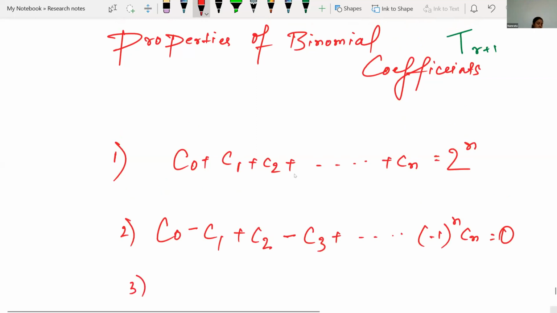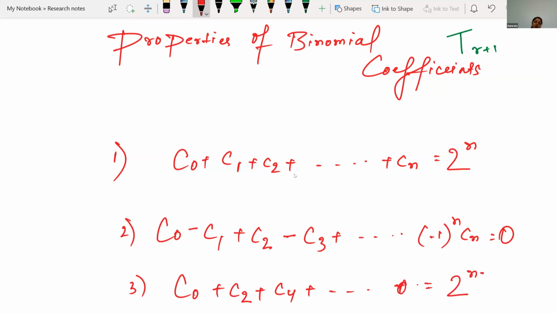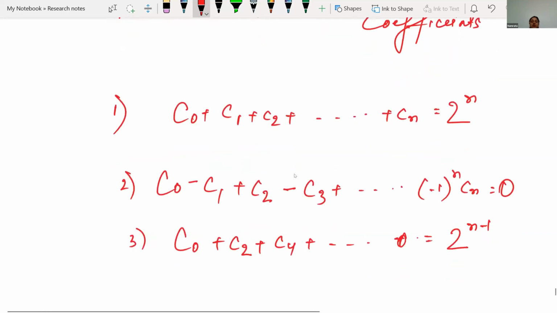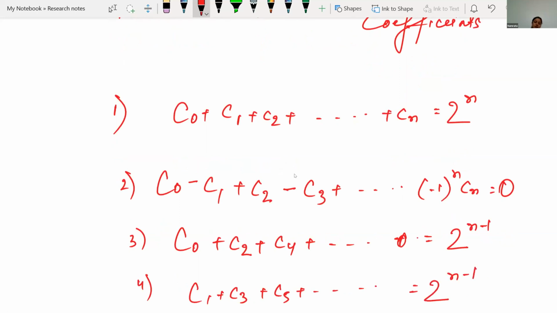Yes, ma'am. The third property says that C0 plus C2 plus C4 plus dot dot dot is equal to 2 to the power n minus 1. Now only I am showing you how we are getting this. And the fourth property says C1 plus C3 plus C5 plus dot dot dot is equal to 2 to the power n minus 1.